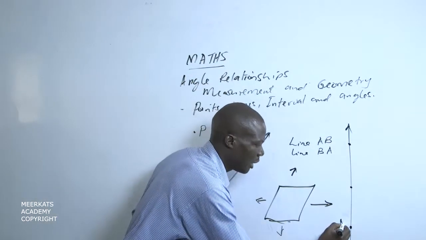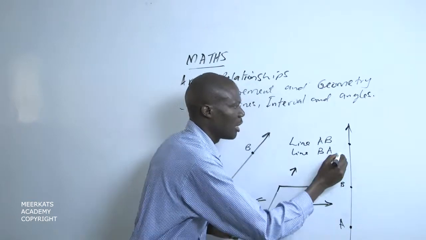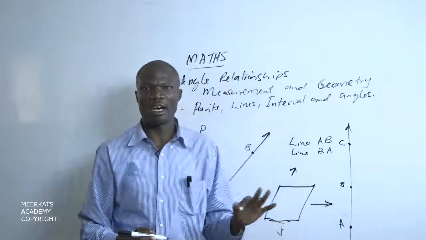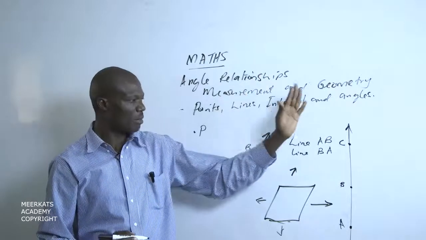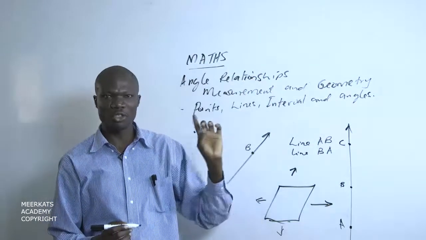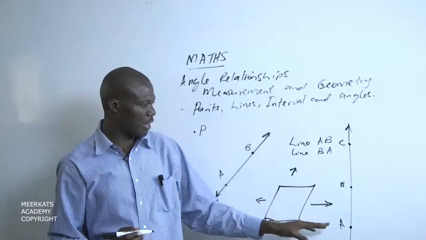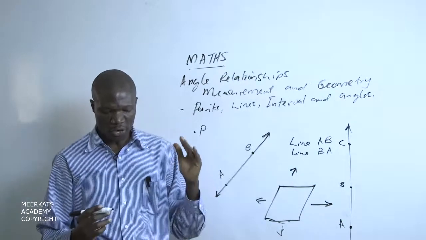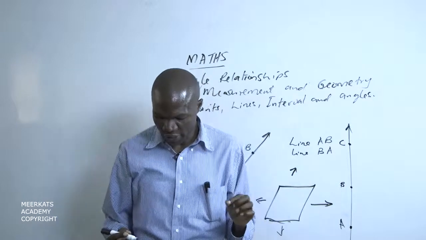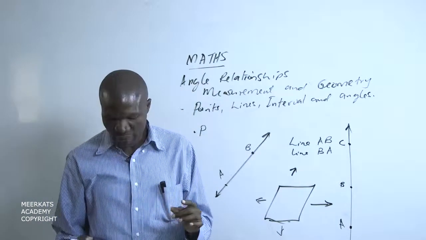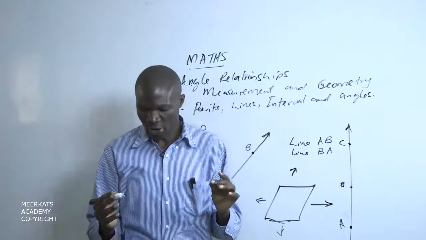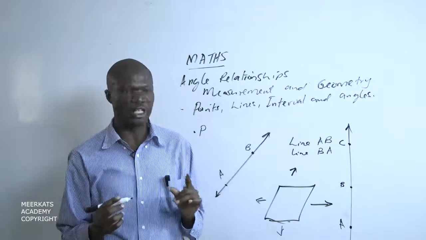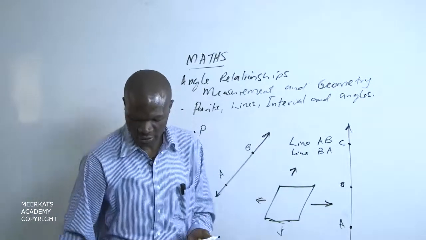So the point A, the point B, and the point C are 3 points, all of them lying on the same straight line. And we say that points A, B, and C are collinear. Therefore, collinear points are points that lie on a single straight line.